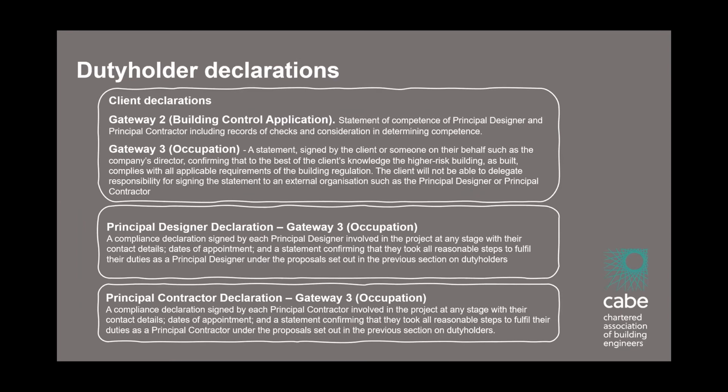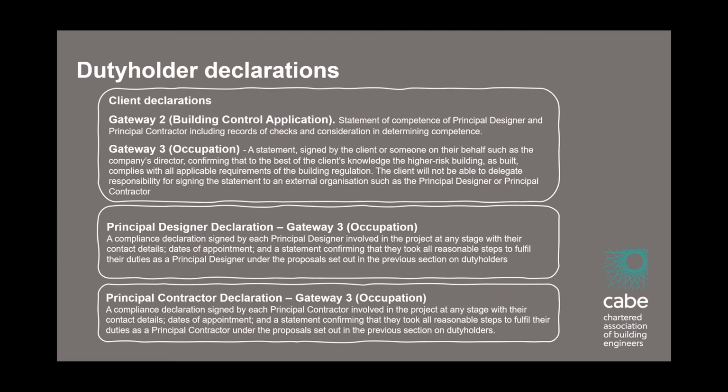There are also a series of duty holder declarations for higher risk buildings where competence and discharge of duty holding responsibilities will be a material fact or factor. For clients, those are the declarations: a gateway 2, which is a statement of competence for the principal designer and principal contractor. This is the building control application stage, including records of checks undertaken.